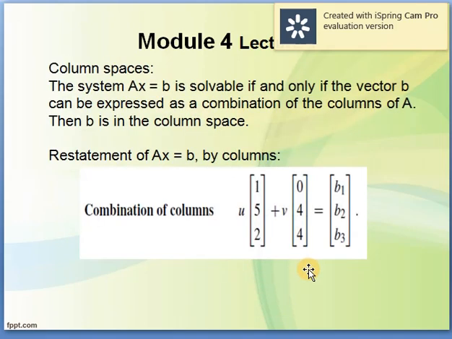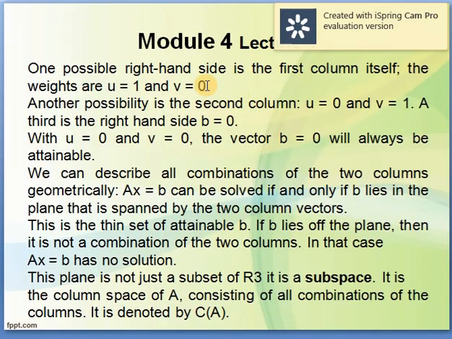Then another possible solution can be u and v both zeros, hence b1, b2, b3 will all be equal to 0. So these three can be the possible solutions.